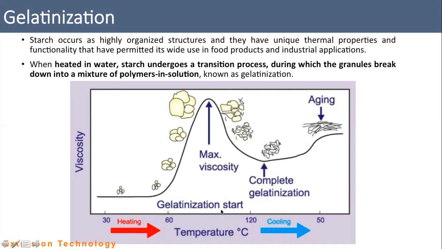Then what happens when we increase the temperature further? You can see what happens to the texture of these molecules, and the viscosity also decreases again, right? And now here, after aging, you can see a constant viscosity. Okay, this is cooling. Sorry, when we cool it, this is a very common example.